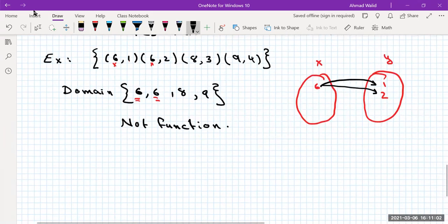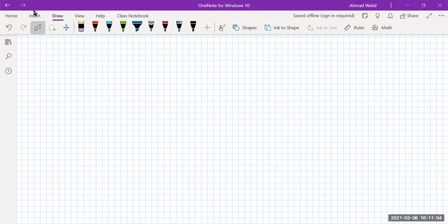Hopefully, by these two examples, I took a lot of time. I talk a lot because I know how important it is to know what a function is.